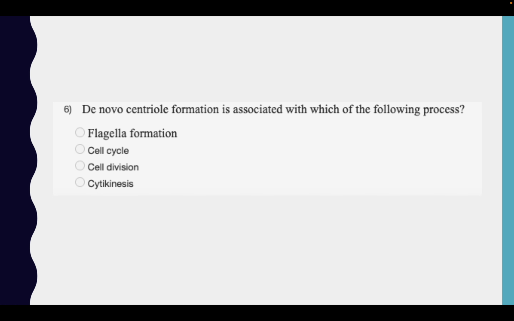De novo centriole formation is associated with which of the following processes?